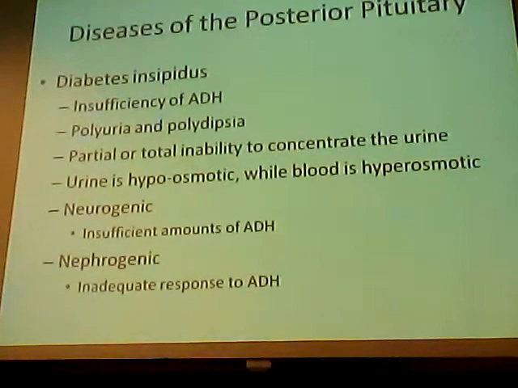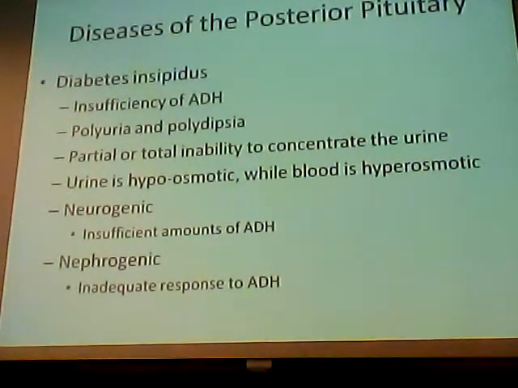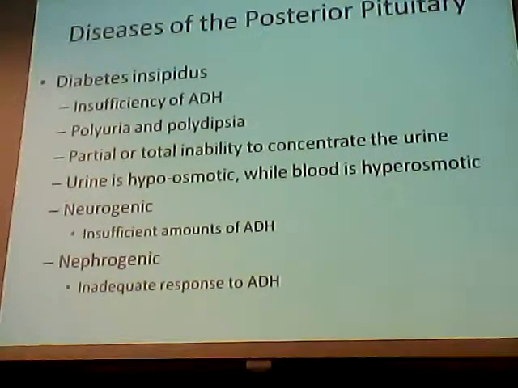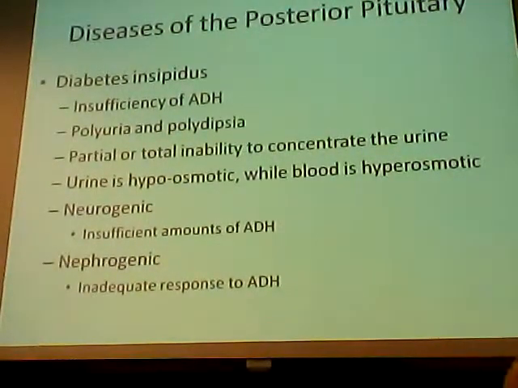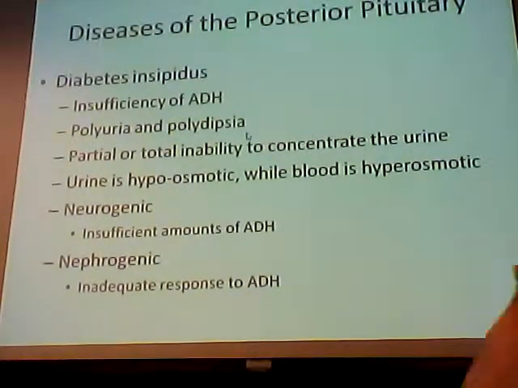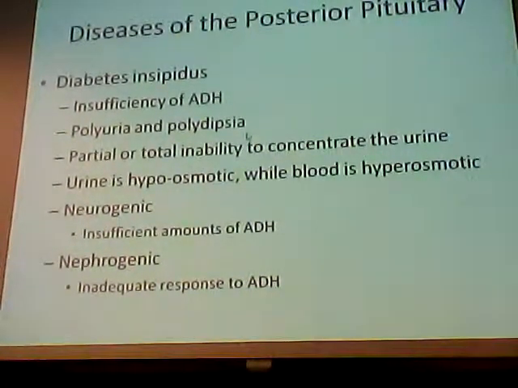So remember with the posterior pituitary, we've got diabetes insipidus. The posterior pituitary, remember, secretes two things, ADH and oxytocin. So if you have too little ADH, then you're not holding on to fluid as easily. And if you don't hold on to fluid, it's all going to go into urine. So polyuria and polydipsia for thirst because you're not retaining any of that water.